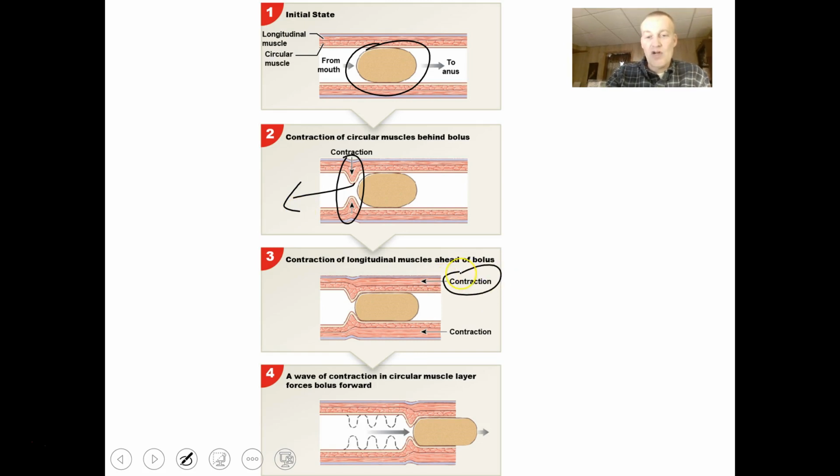We then have contraction of the longitudinal muscles, which will force the food in this kind of way. So we basically cut it off, and then we push with the longitudinal muscles, and it forces food in a direction towards the next organ of the alimentary canal. So it's rhythmic waves of contraction. You can't have it not rhythmic, because then it won't move in the direction that it needs to go.